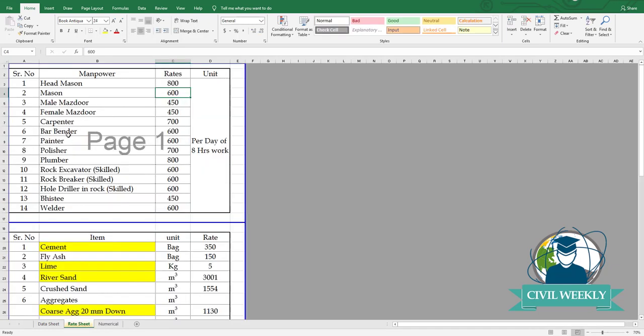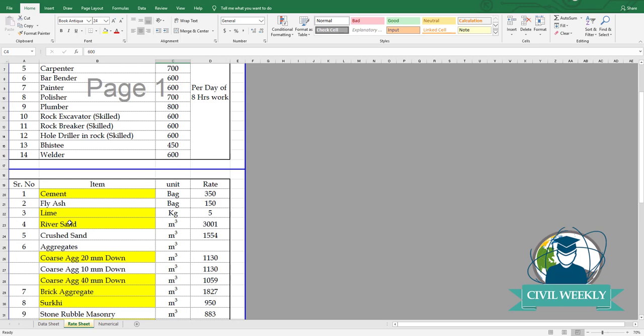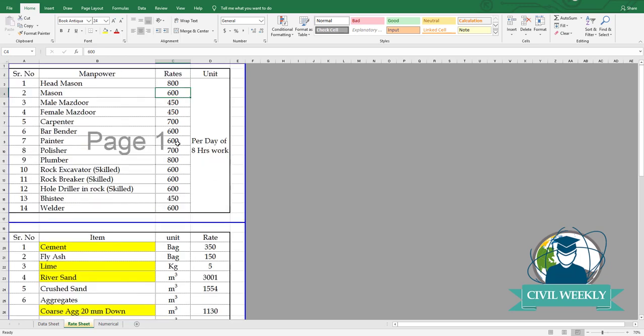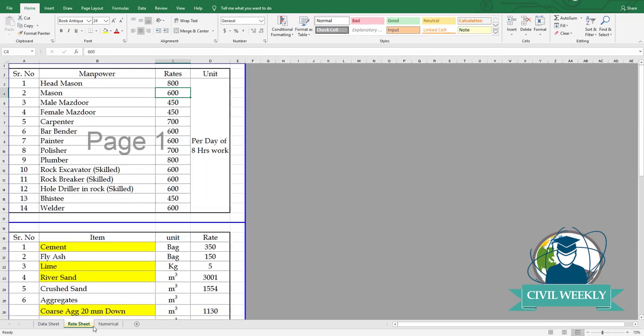Carpenter, he is having the rate. So carpenter, if you see, 700 rupees. Then painter, if you can see over here, painter is having the rate of 600 rupees per day. So his wages are 600 rupees per day. Blacksmith is nothing but barbender, someone who is related to the steel work.